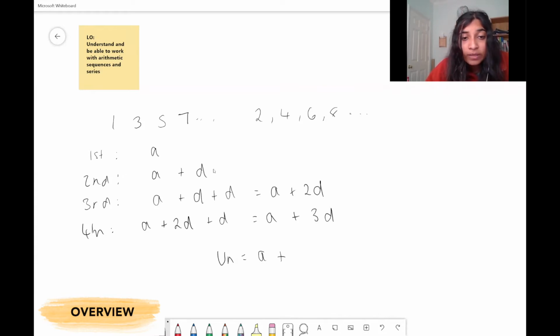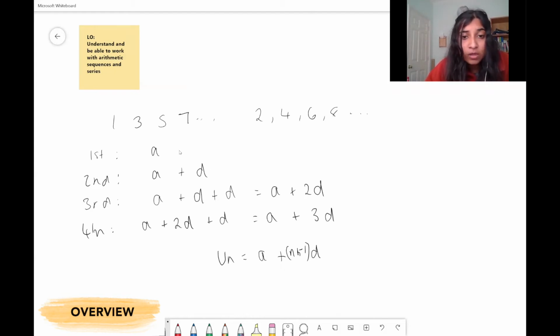Every term apart from the first has D, and the number of Ds is the term number minus 1. So it'll just be n minus 1 times D. That's how you write the nth term of the sequence.